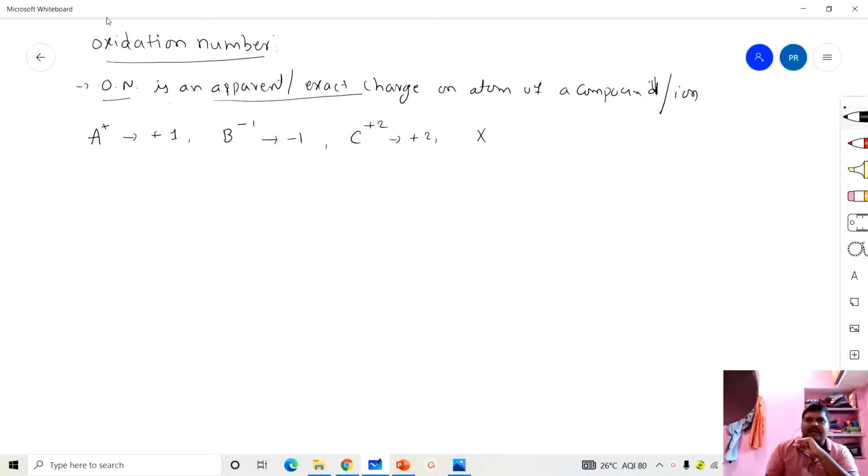For example, X minus 3 is there, its oxidation number is minus 3. Oxidation number is an apparent or exact charge on an atom of a compound or ion. That is called oxidation number.